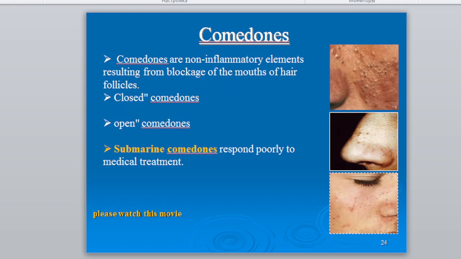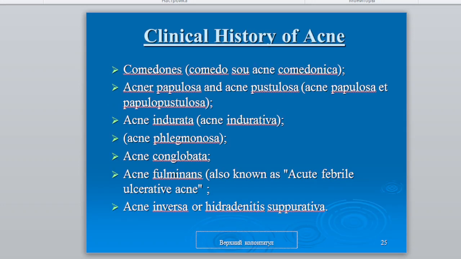Next, clinical history of acne. 1. Comedones, acne comedonica. 2. Acne papulosa and acne pustulosa, acne papulopustulosa. 3.